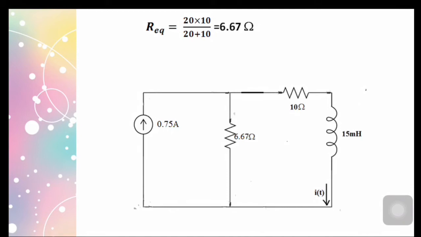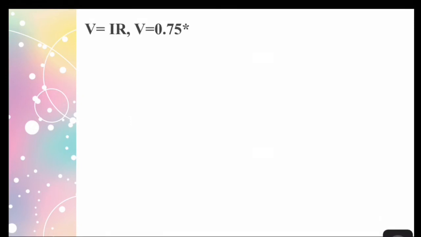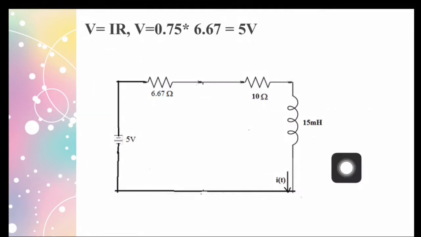Now, can anyone tell me how we can simplify this network? Is there any practical voltage source or practical current source? Alright, here you can see practical current source, and we are going to replace this with its equivalent practical voltage source. What will be the value of voltage source? 0.75 into 6.67, that is equal to 5 volts, and we get a network like this.